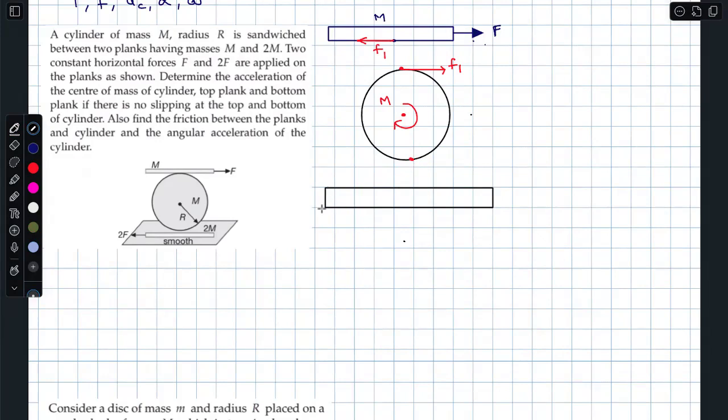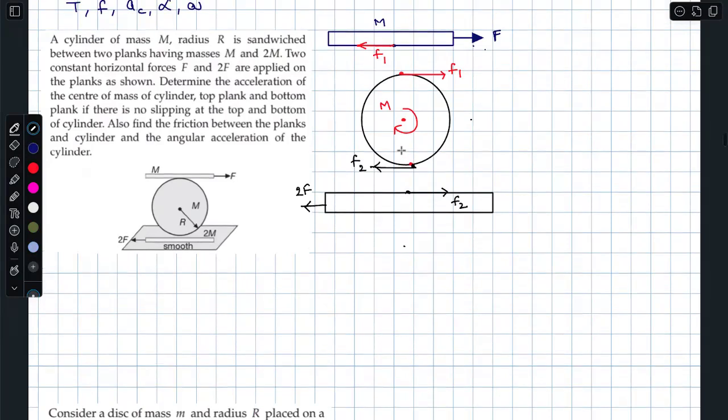But there is a plank here which is experiencing 2F force in this direction. So I believe let the friction here in this direction be F2. Let the friction to counter that act in the leftward direction, F2. Suppose my assumption of F2 is wrong, in the answer I will get minus. If I get a negative value for F2, it means my assumption of friction leftwards is wrong, it should be rightward. Right, now this is the picture.